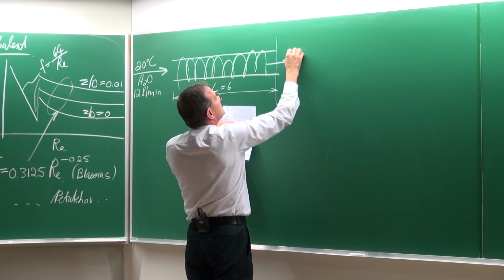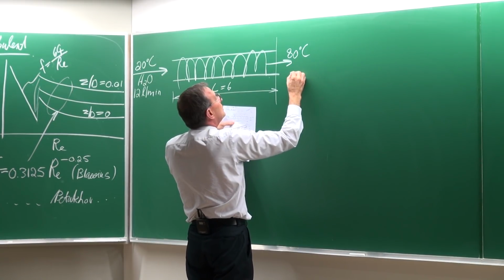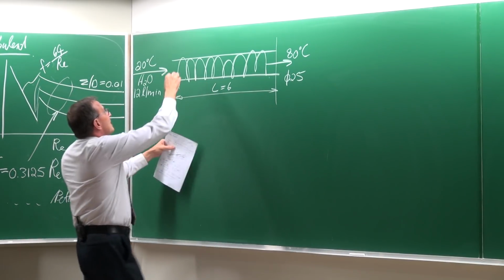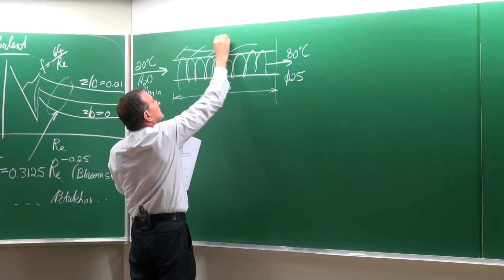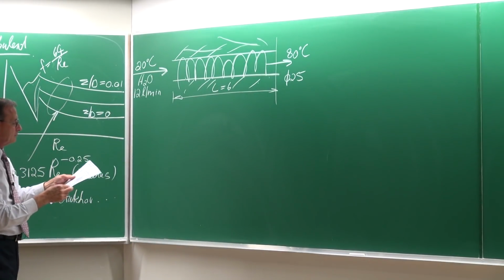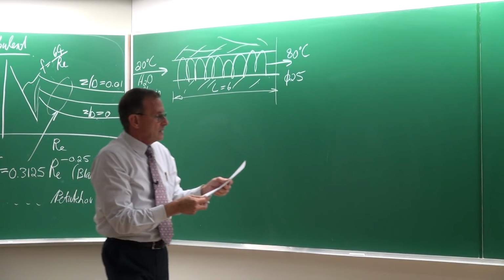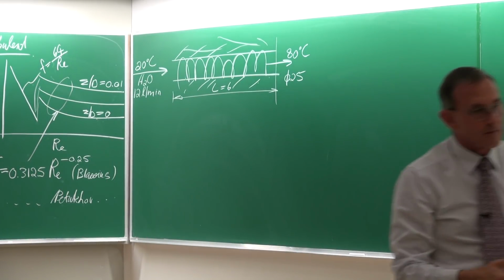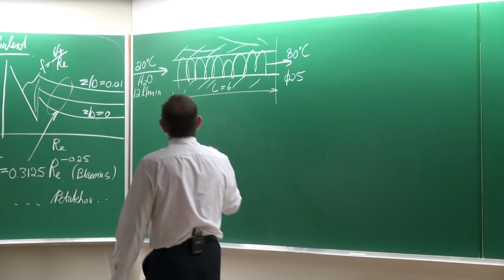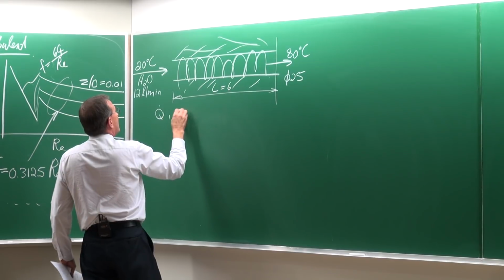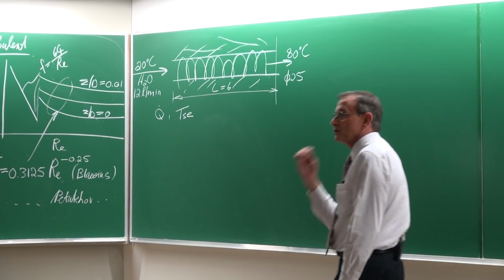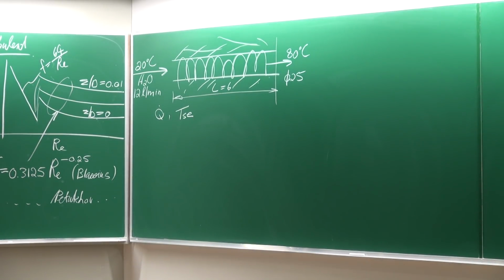Outlet temperature is 80 degrees Celsius. The tube diameter is 25 millimeters. It is well insulated so that there are no losses. And we have to determine the heat transfer rate and the surface temperature at the outlet.